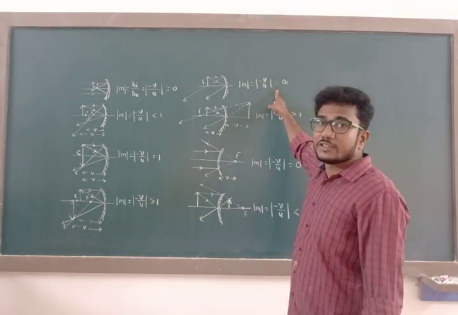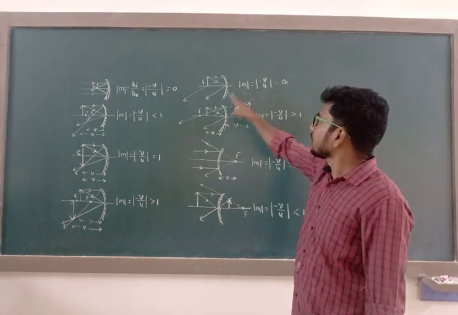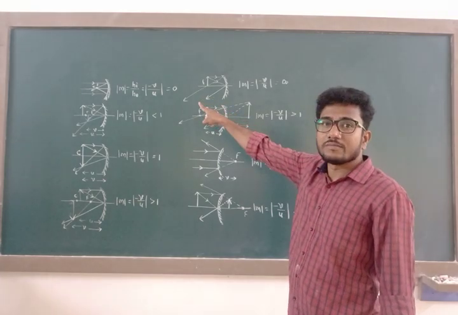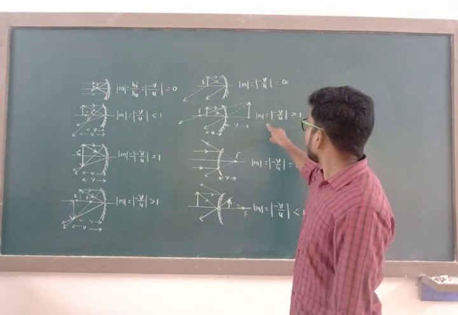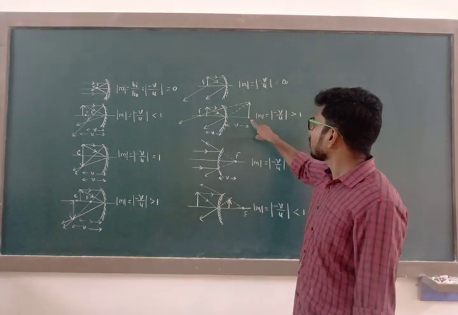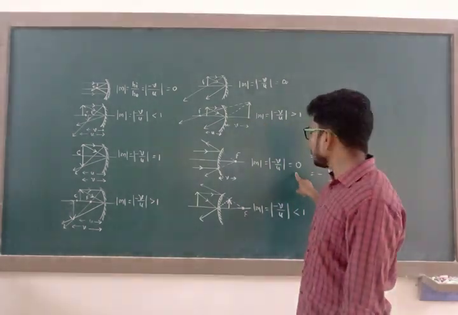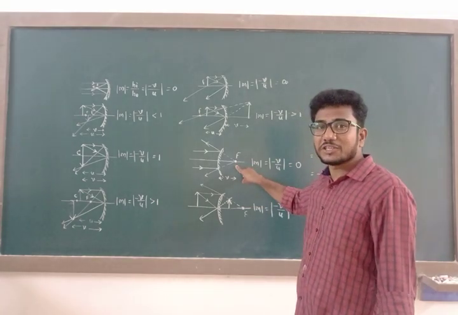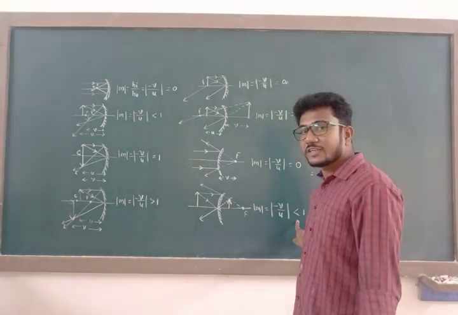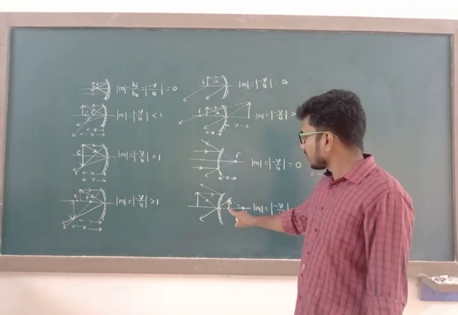Linear magnification is equal to infinity, then we will get greatly magnified image. Linear magnification is greater than 1, magnified image. Linear magnification is equal to 0, greatly diminished image. Linear magnification is less than 1, diminished image.